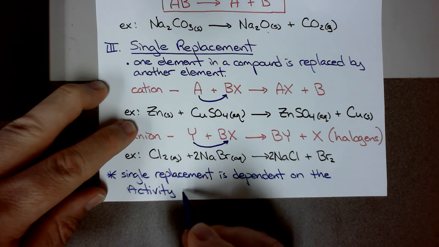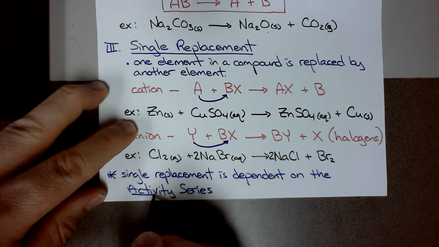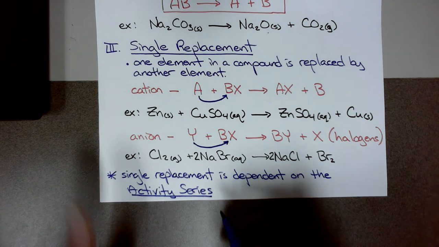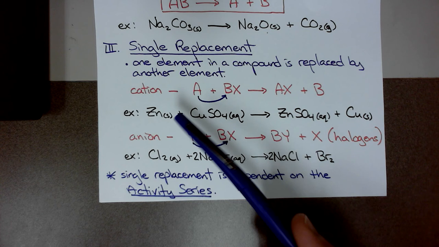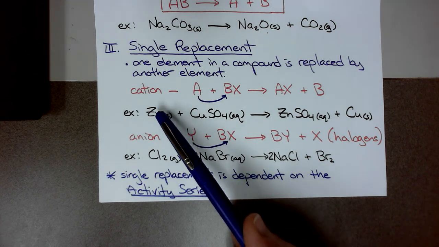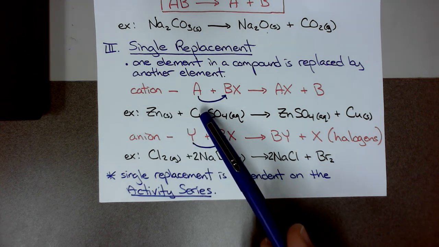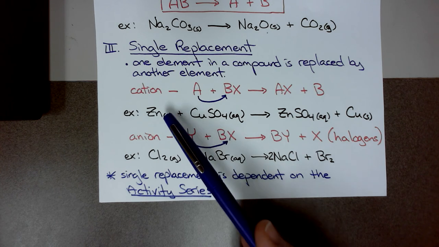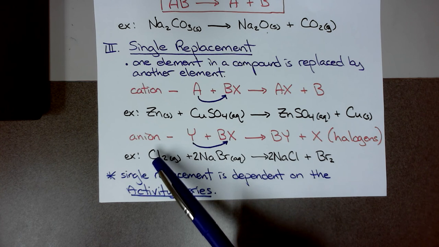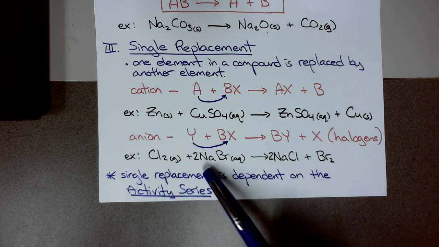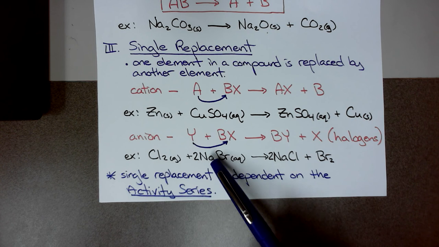And we will talk about the activity series in more detail in a couple of videos from now. So when we look at single replacement reactions in more detail with oxidation reduction reactions, again, we have two types, cation and anion. Cation is usually a metal replacing a metal, or a metal replacing hydrogen, or you have anion, which is the halogen replacing the halogen, or the anion replacing the anion.